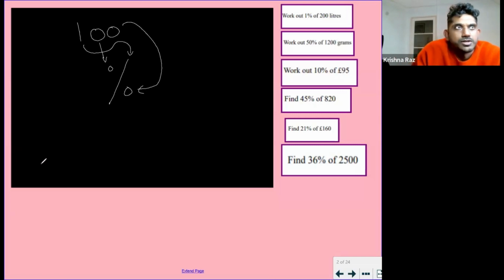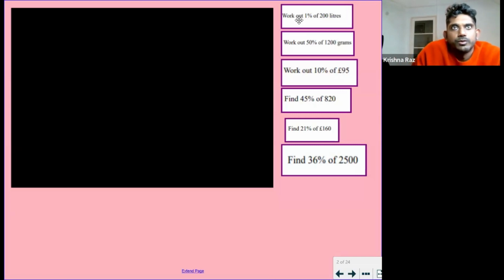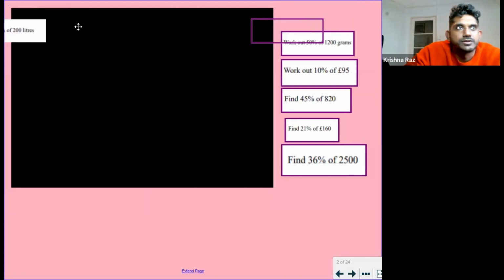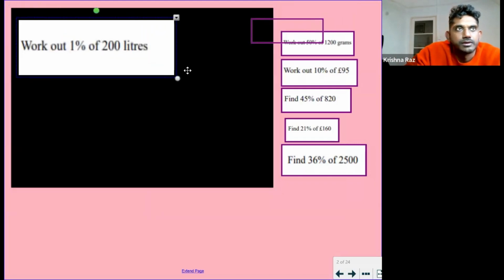So first question, we want to find out 1% of 200. So 200 liters would be 100%. So everything is 100%.